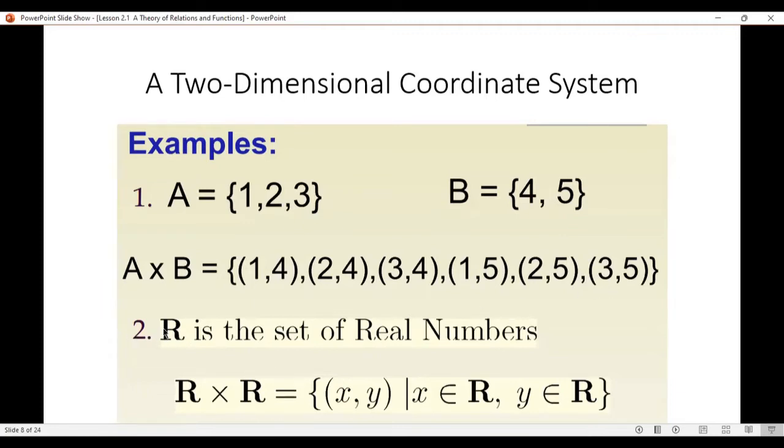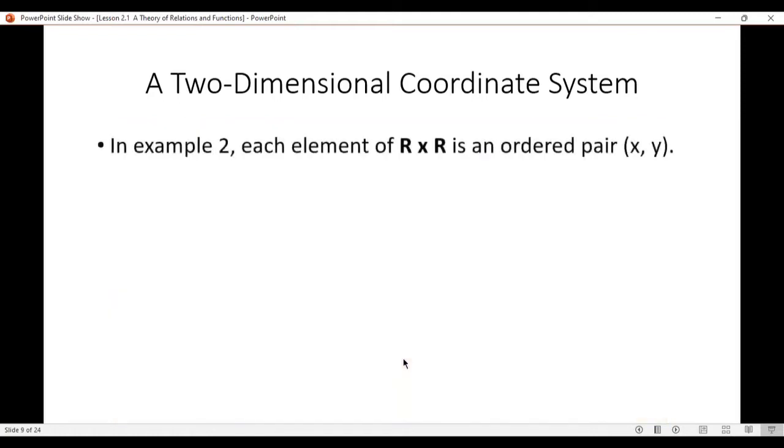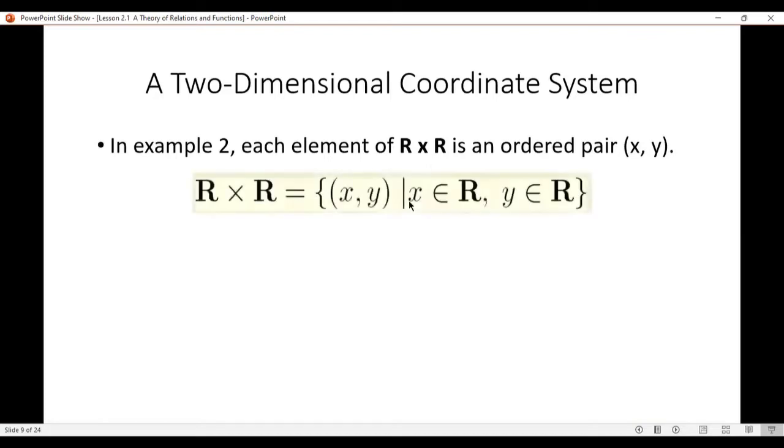Second, the capital R is the set of all real numbers. Therefore, R cross R is the set of all (x, y) such that x is an element of R and y is also an element of R. In example number 2, each element of R cross R is an ordered pair (x, y).